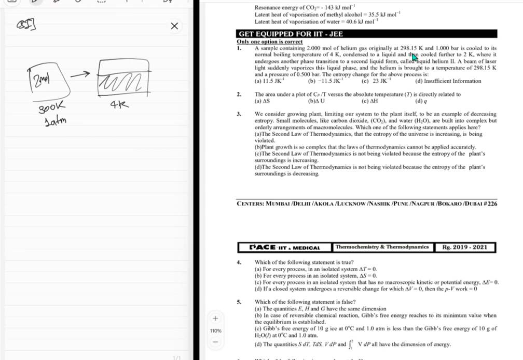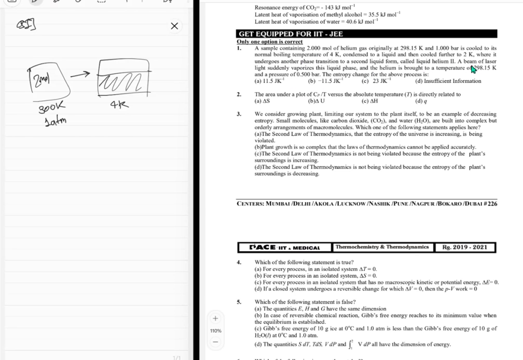There it undergoes another phase transition to a second liquid form called helium-2. A beam of laser light suddenly vaporizes this liquid phase and the helium is brought to a temperature of 298.15 Kelvin. Is its pressure changed?